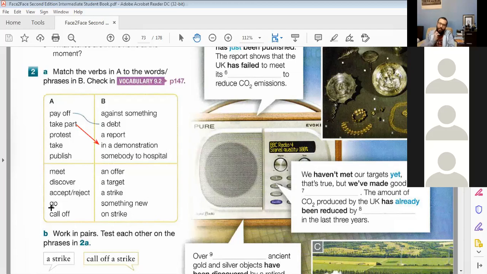If you like the news, this is easy. But if you don't watch the news a lot, like for example Raja, she said, I don't care about the news, then a lot of these words are new. So it's a bit hard. I watch the news, but in Arabic, not in English. I see. This is the problem.